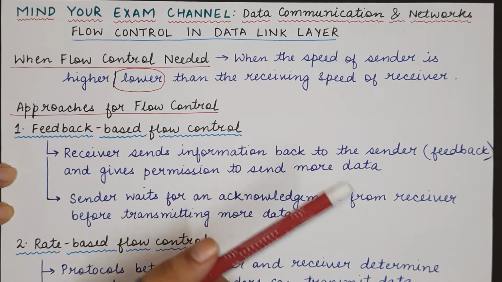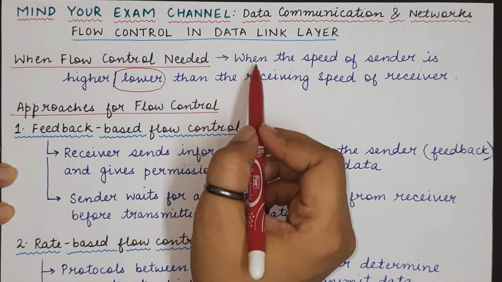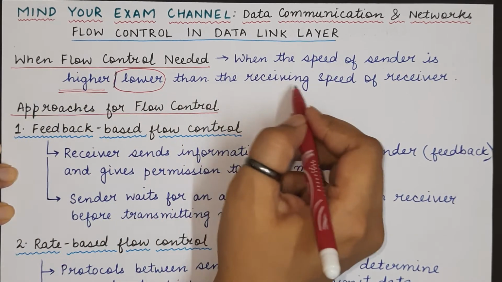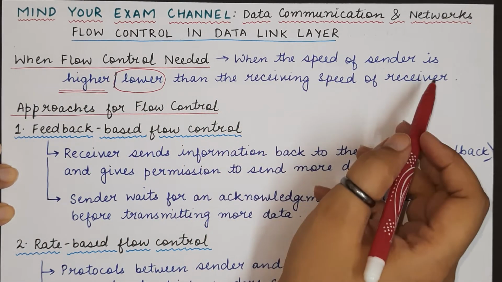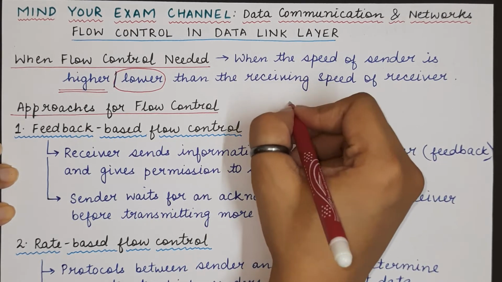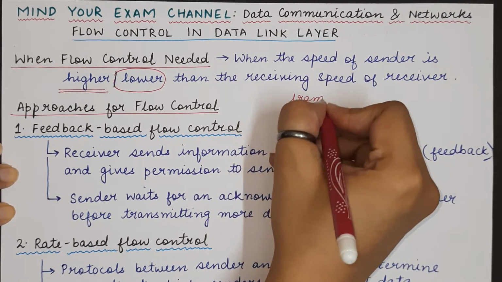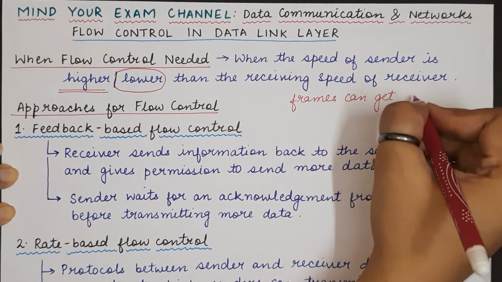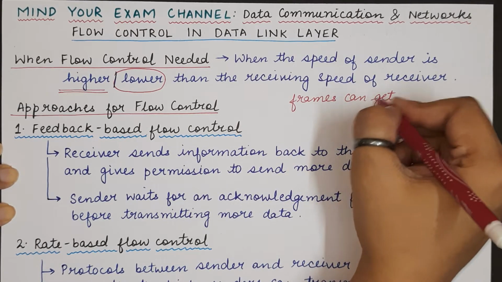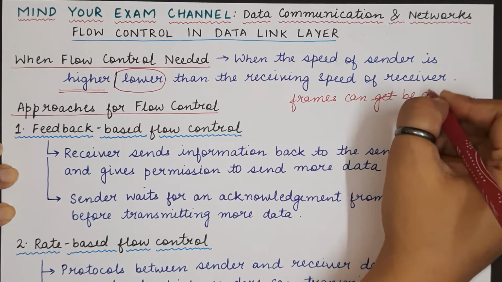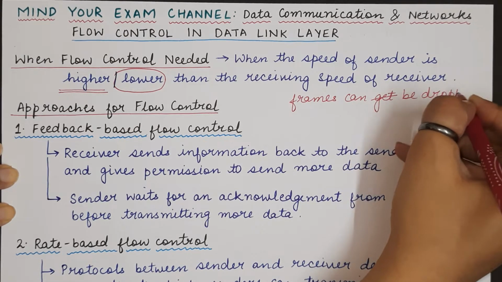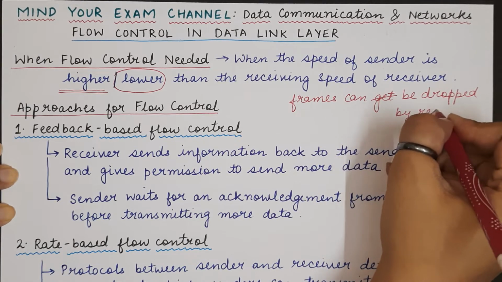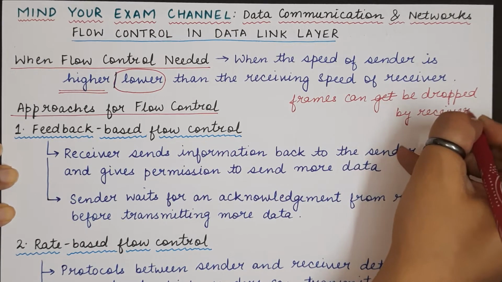And why is there a need for adjustment? Because when the speed of the sender is higher than the receiving speed of the receiver, then some frames sent by the sender can get lost. They can be dropped by the receiver because the receiver is operating at a slower pace.